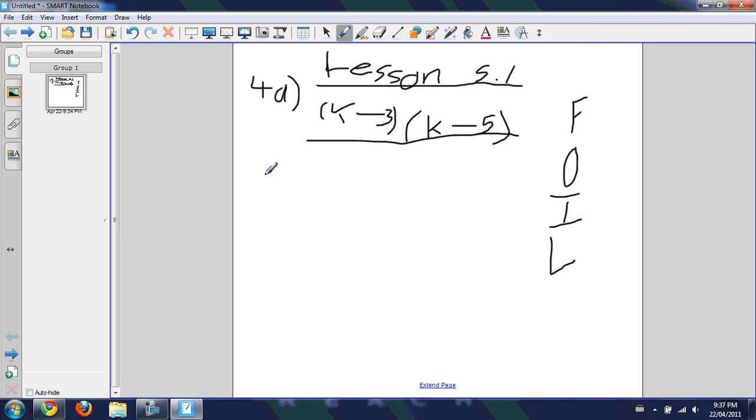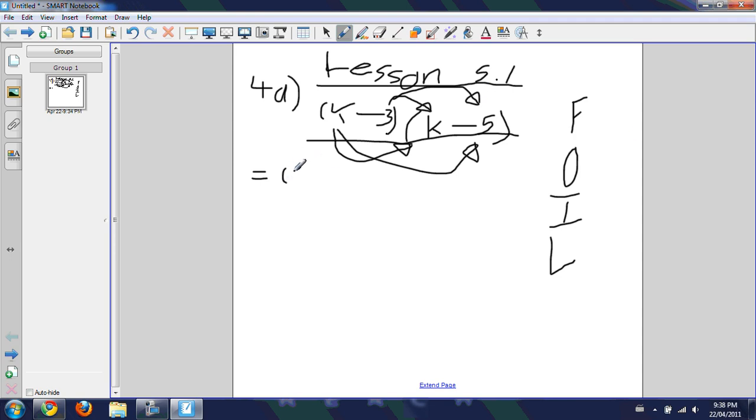Okay, so the first step would be to multiply this, that, and that, and that. And next you would multiply this by this, and that. That's basically it in short form.